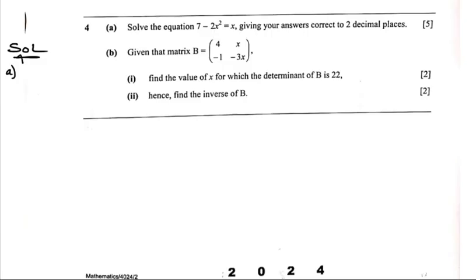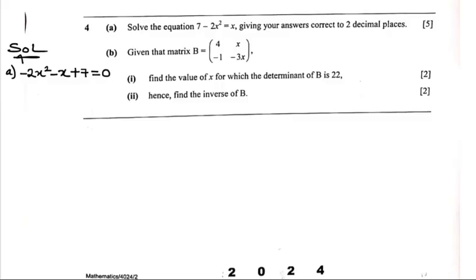So this will be written as follows. I'll start with the negative 2x squared, then I'll move x from the right to the left, so that would be minus x, then plus 7, then this is going to equal to 0.